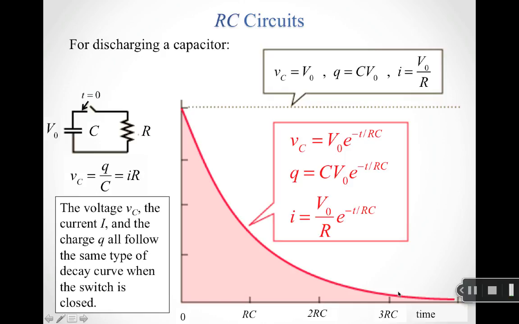They all have the same functional form and exponentially decay by this e to the negative t over RC equation. So that's both charging our capacitor and discharging our capacitor. And that's the first of our circuits where things are changing that we'll talk about.